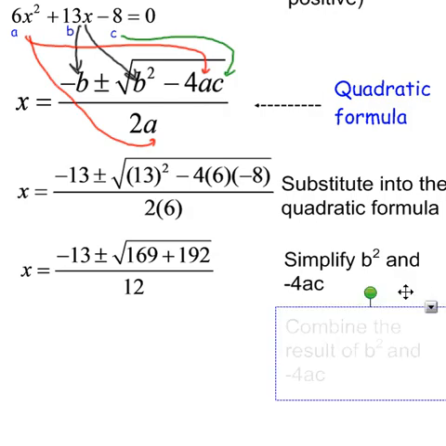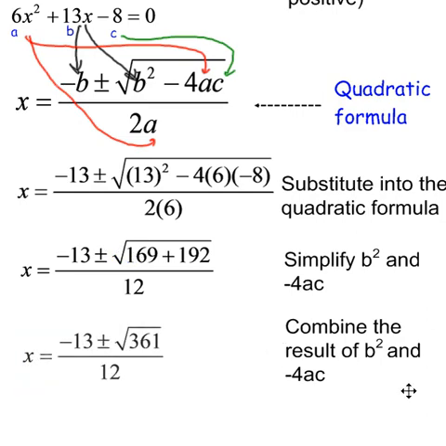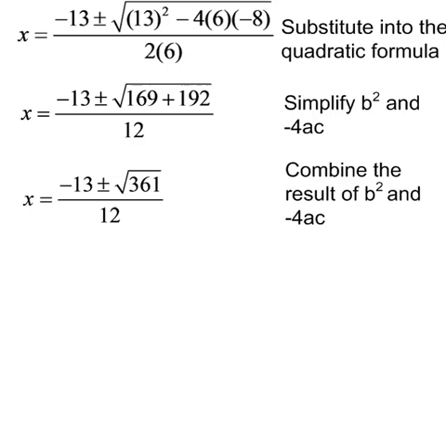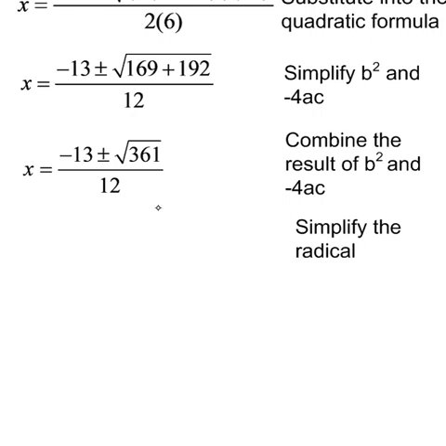Now you combine the result of b squared and minus 4ac. So you're going to combine these two terms, and we get 361. Now you simplify the radical. In this case, 361 is a perfect square.